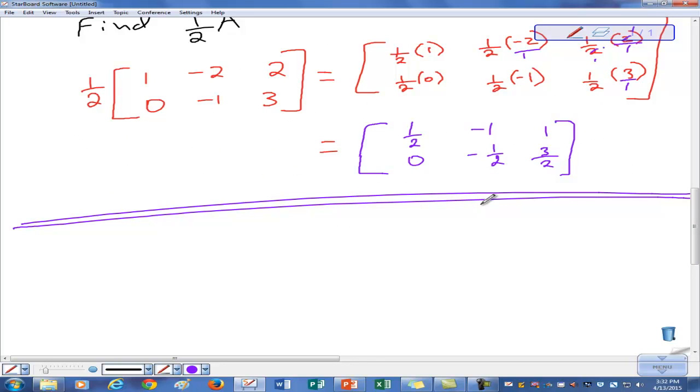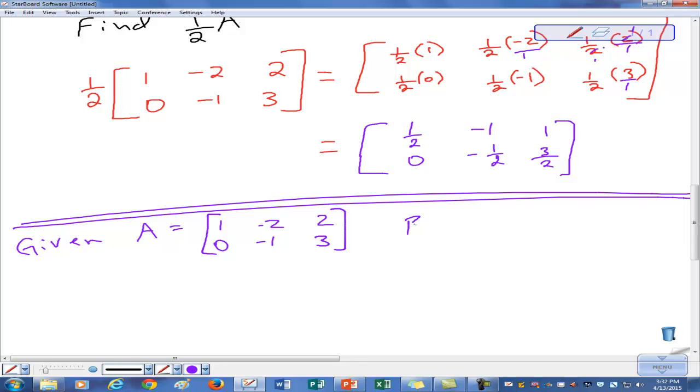All right, now let's say that we're given matrix A again is 1, negative 2, 2, 0, negative 1, 3.